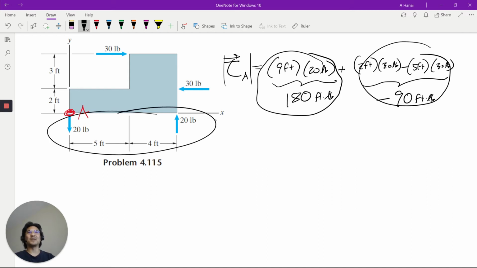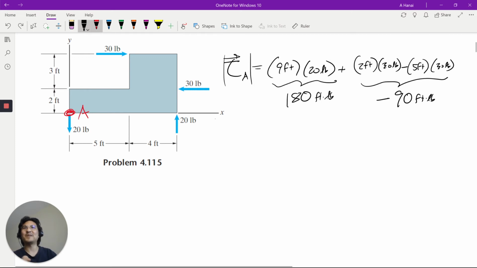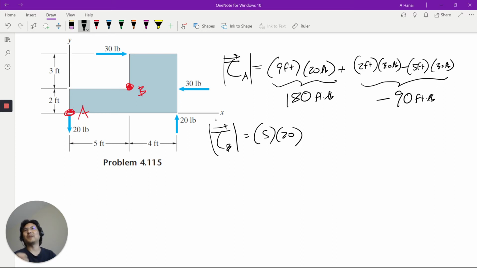This is the torque due to this couple. So my claim is I pick some other point in space, like over here. What's the torque due to the couples about point B? About point B, this lever arm, 5 feet times 20, positive.